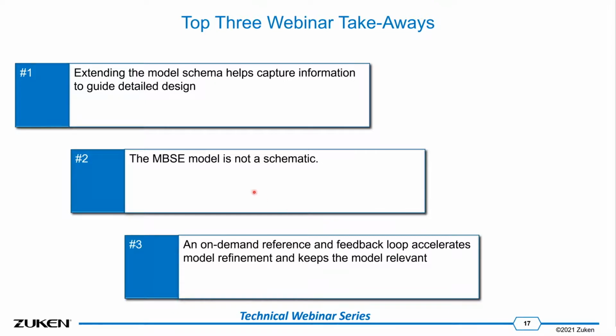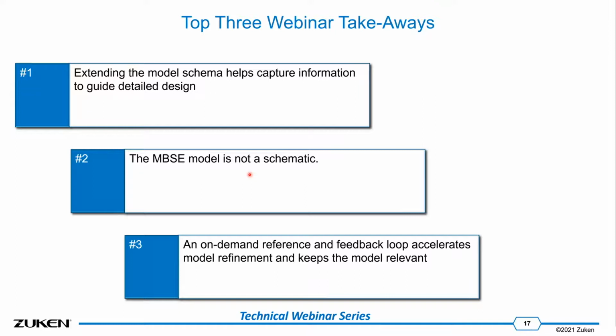The second part is the MBSE model is not a schematic. And I know that seems very simple, but it is not. We've seen a lot of ways that people have been trying to make it a schematic, and we also thought about that, but we understand it's important not to fall into that trap of capturing too much information in the system's design tool, because that's not the place for it, and that information is not available early on in the process.